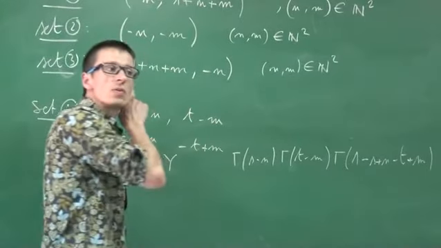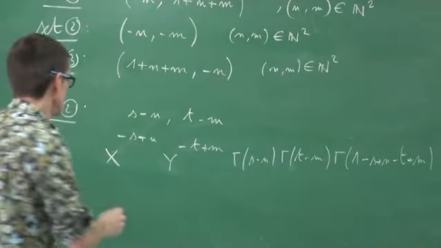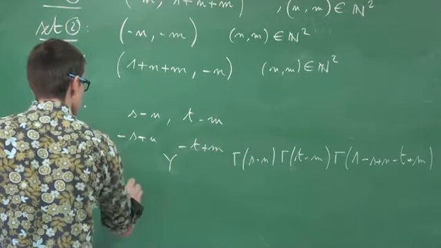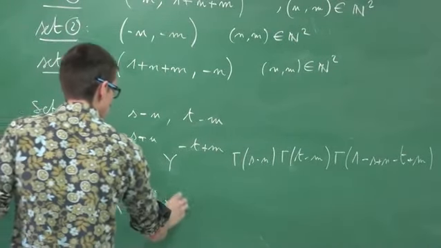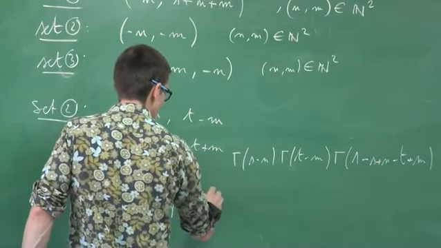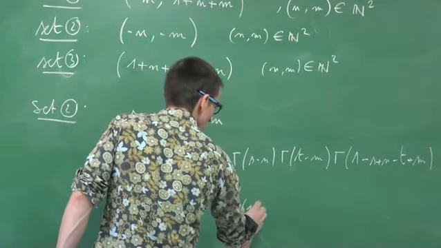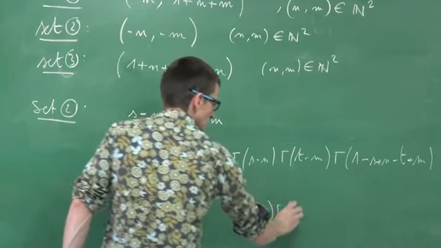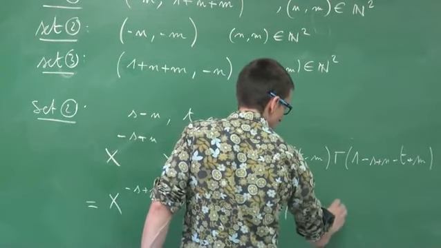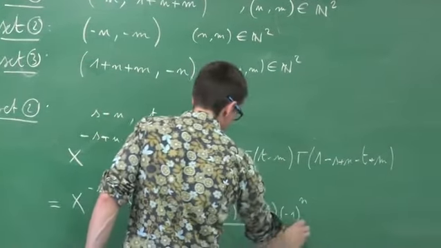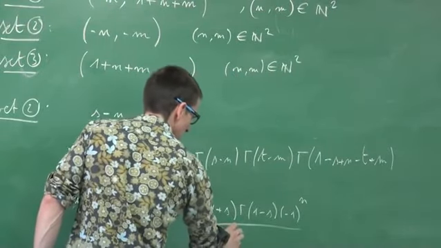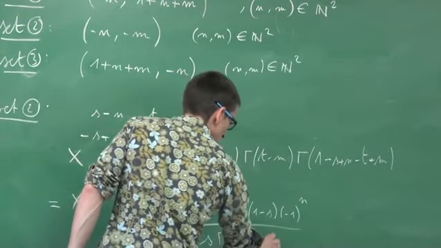So we write here, by the reflection formula, this as gamma of 1 plus s, gamma of 1 minus s, minus 1 to the power n, divided by s, gamma of n plus 1 minus s.